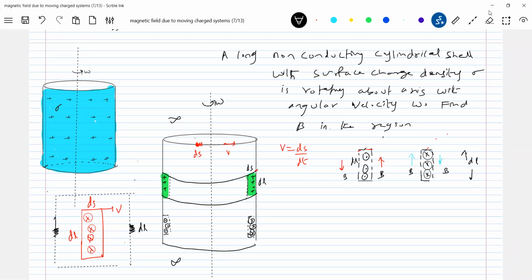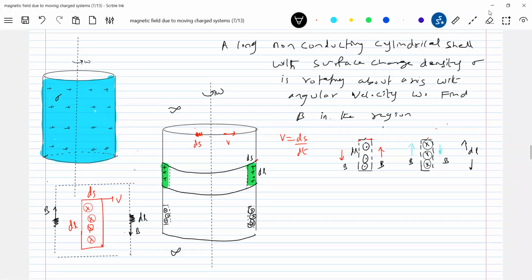B bar will be in this direction, here B bar will be in this direction. Looking at this diagram, look at only any one, either this strip or this strip, and write the expression for B.